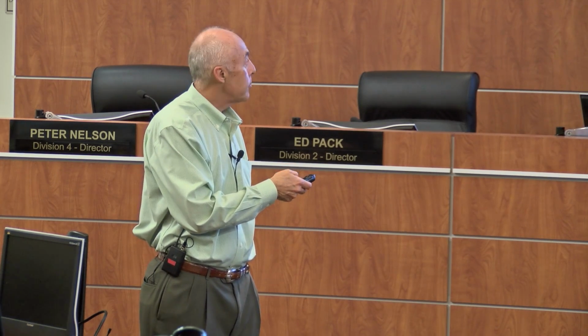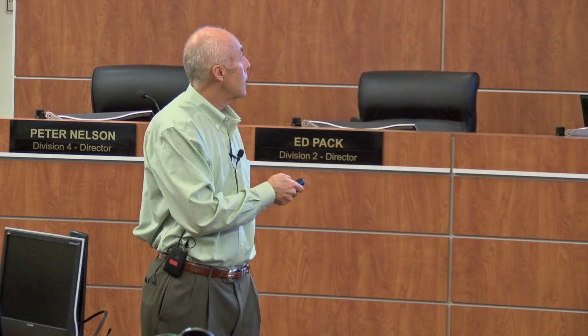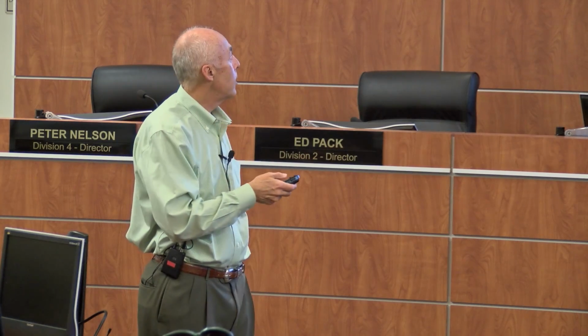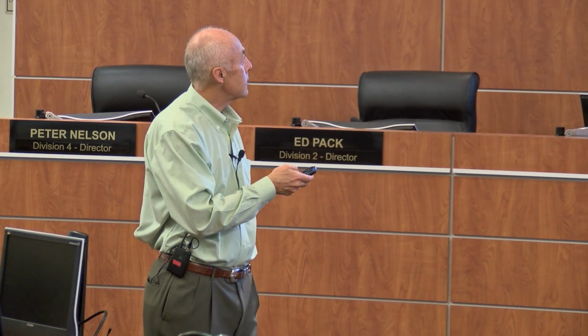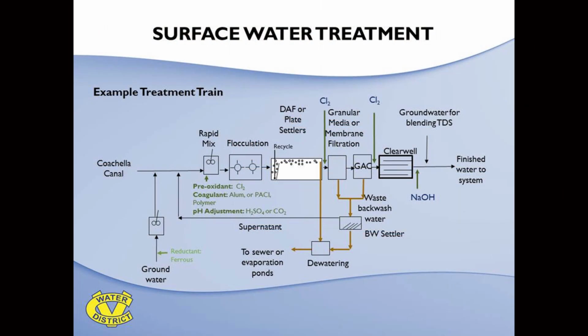The next step is flocculation, which continually mixes the chemicals and the turbidity together, and the particles get bigger and bigger. The next step is removing those coagulated particles, or flock particles, in either a dissolved air flotation device or a plate settler. So this process is actually removing those particles.